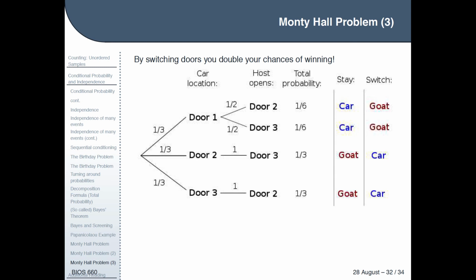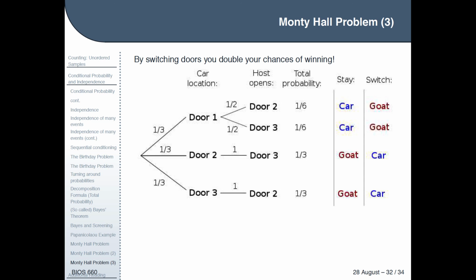If you're still having trouble wrapping your brain around that, here's a diagram showing all possible outcomes that you can look at to convince yourself that the probability is in fact greater if you switch doors. Another way to think of it is that if you switch doors, you will only lose if you chose the correct door the first time.